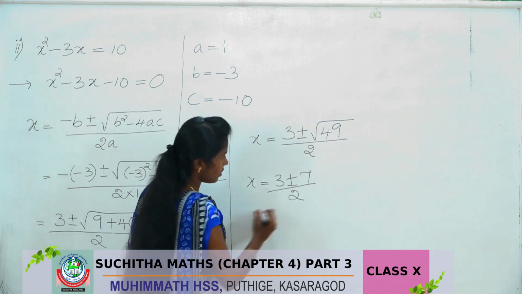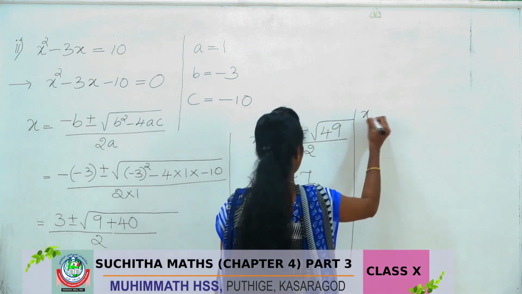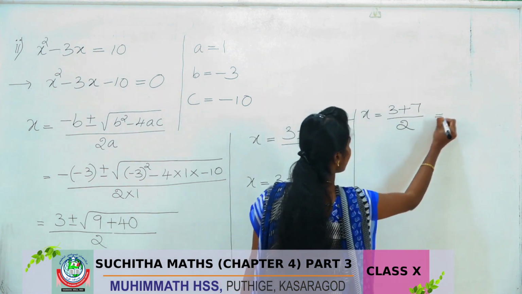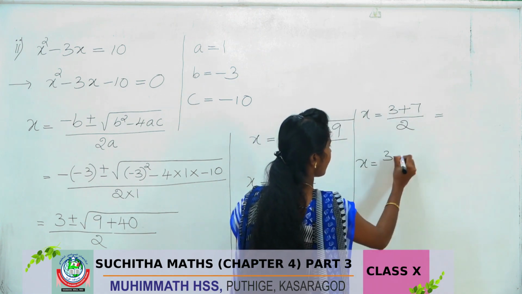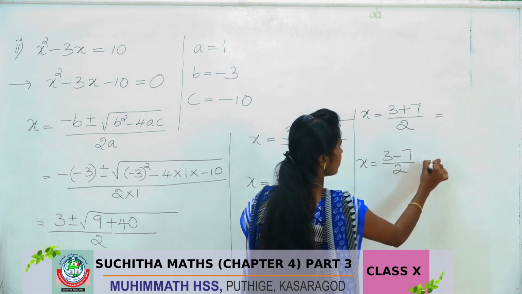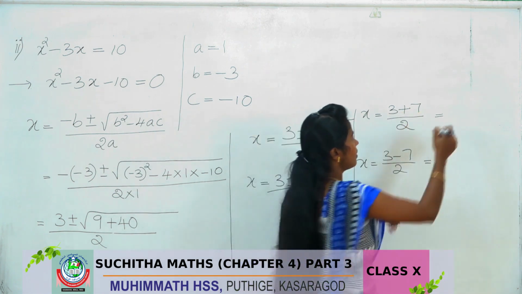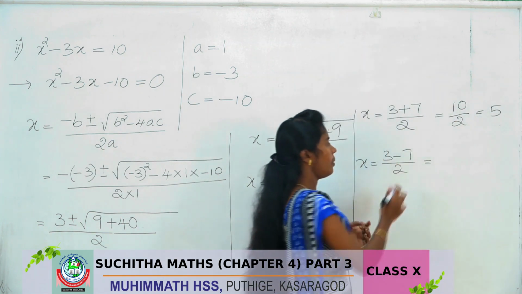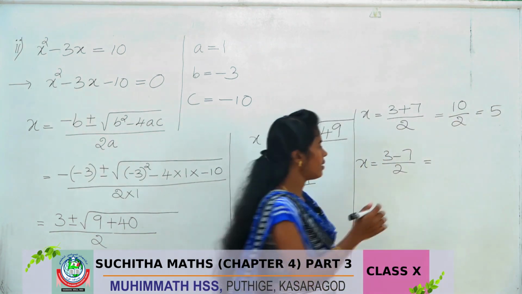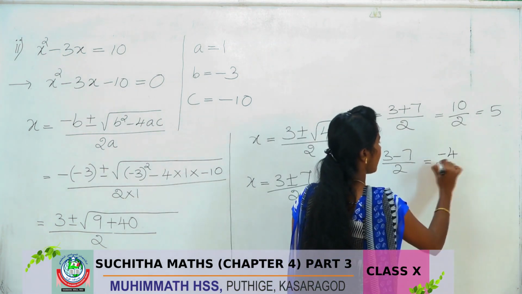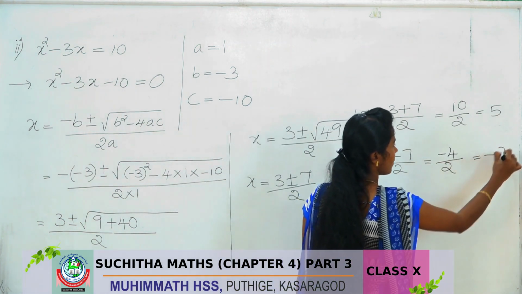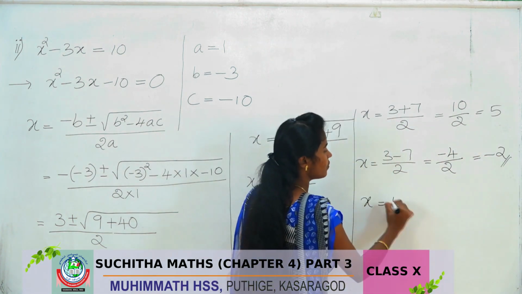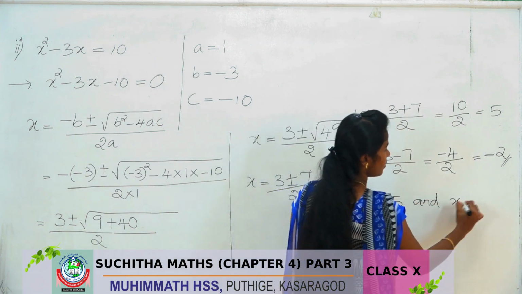That is x equal to 3 plus 7 divided by 2 and x equal to 3 minus 7 divided by 2. 3 plus 7 is 10. 10 divided by 2 is 5. Here 3 minus 7 is minus 4. Minus 4 divided by 2 is minus 2. Therefore, the values of x are x equal to 5 and x equal to minus 2.